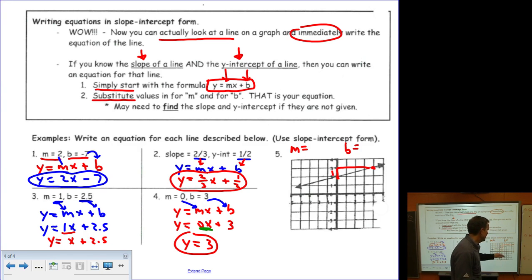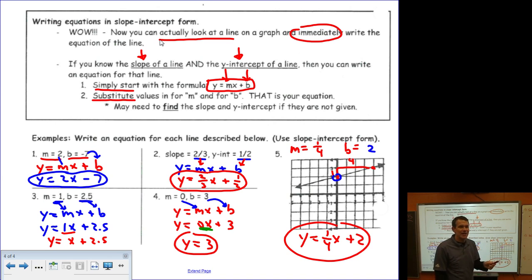The slope is up 1 over 4, so the slope would be 1/4, right? And the y-intercept is right here where it crosses the y-axis. That's at 2. Therefore, the equation for this line would be y equals 1/4 x plus 2.